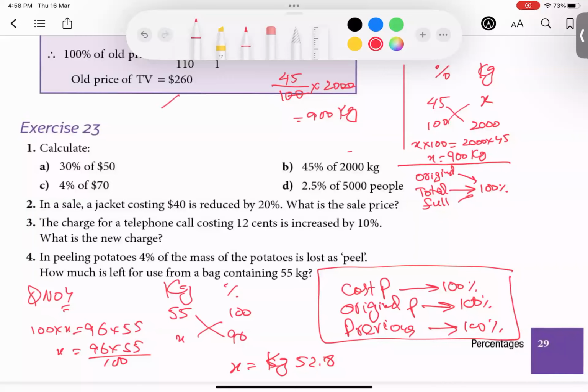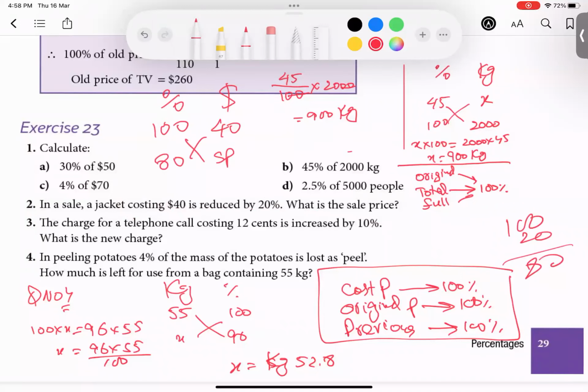Write a percentage here and dollars here. Okay, $40 is equal to 100. I repeat my words. Why am I matching 40 and 100? Because 40 is called costing, and costing is always 100%. And I want to find the 20% reduction. It means from 100 gone 20, I got 80. So sale: 80 is equal to how much? This is called the sale price, SP.